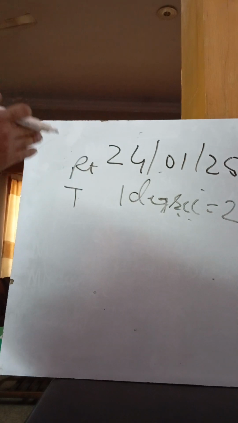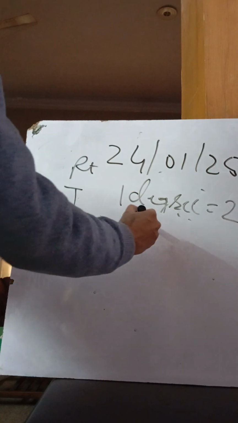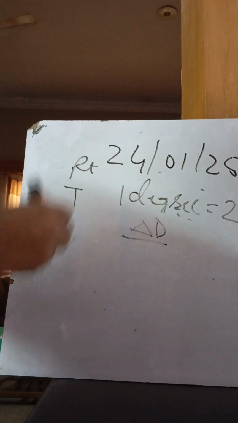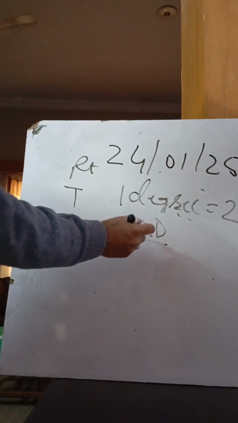Similarly in the Hirschberg test we measure the deviation in prism diopters, because prism measures the displacement or deviation. So this is the unit of measurement of the deviation in the squinting eye.